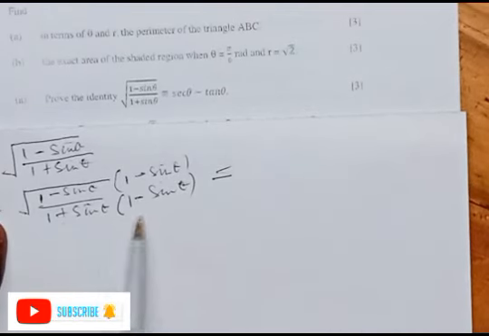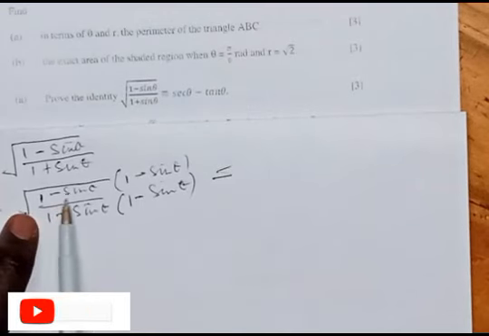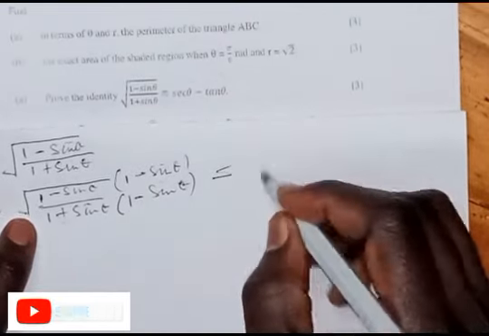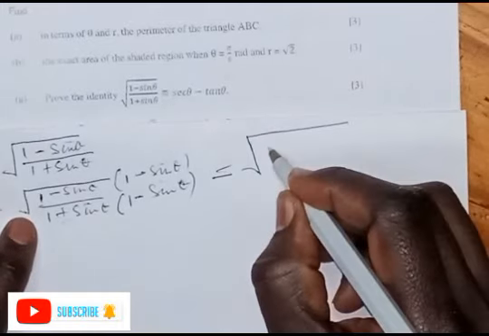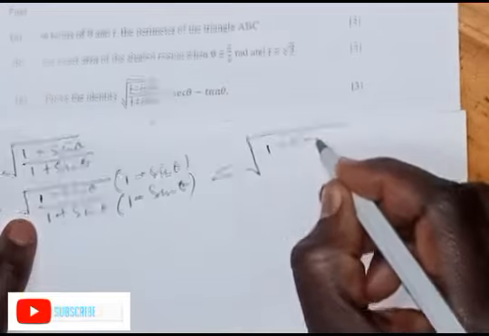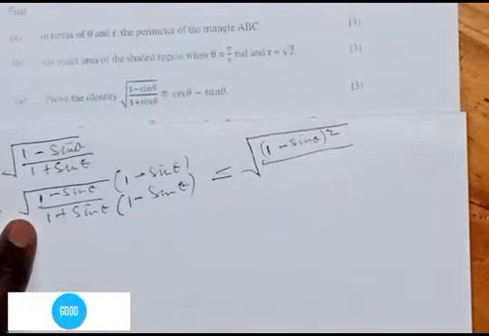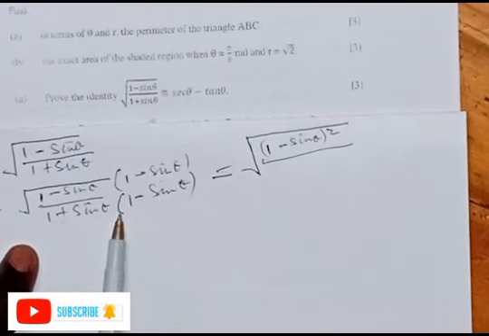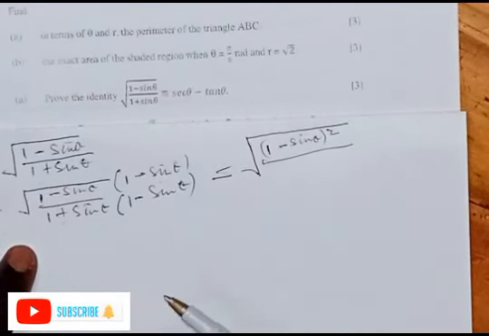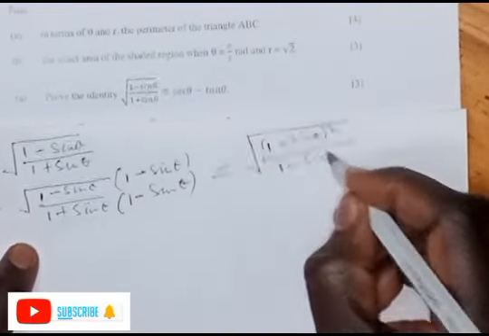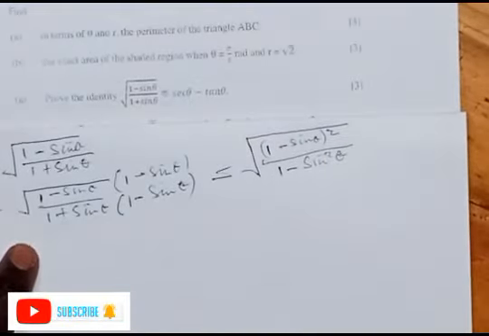Remember, 1 minus sin theta multiplied by 1 minus sin theta gives the root of (1 minus sin theta) all squared over, then we multiply the denominator by its conjugate. A value multiplied by its conjugate is a difference of two squares, which is 1 minus sin squared theta, but the square root remains.